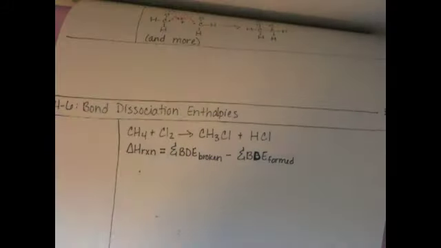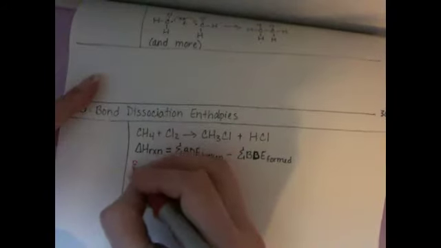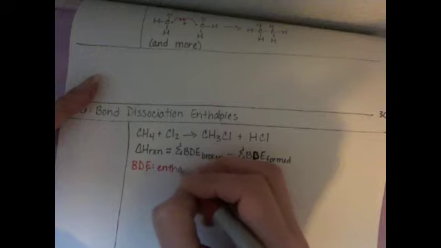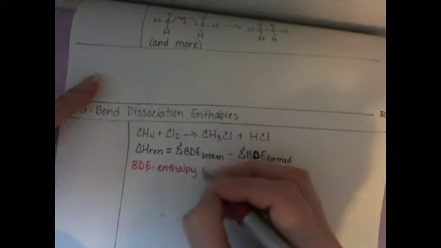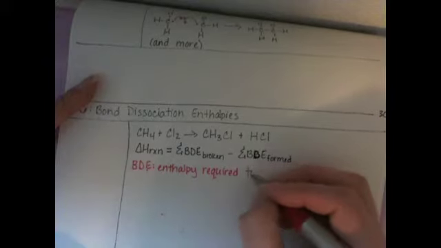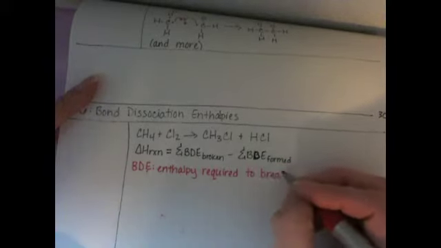The bond dissociation enthalpy, just so that I want to make sure that you really know what we're talking about here, is the enthalpy required to break a bond homolytically.